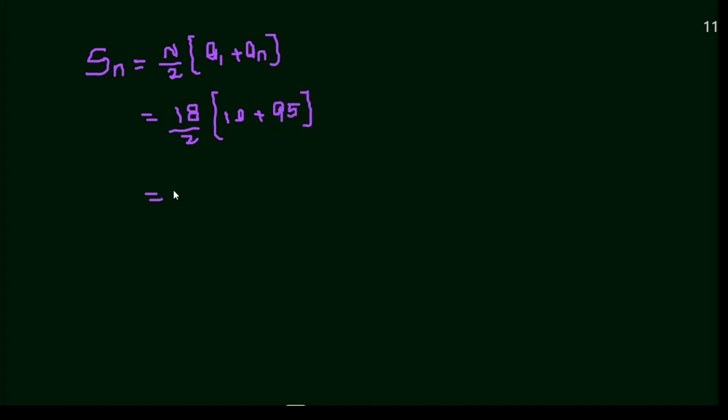Then it will become 2 ones and 2 nines, so 9 into 105. If you multiply these two values, you will get 9 fives are 45, and 4 and 9. So the sum of all the terms in this is 945.